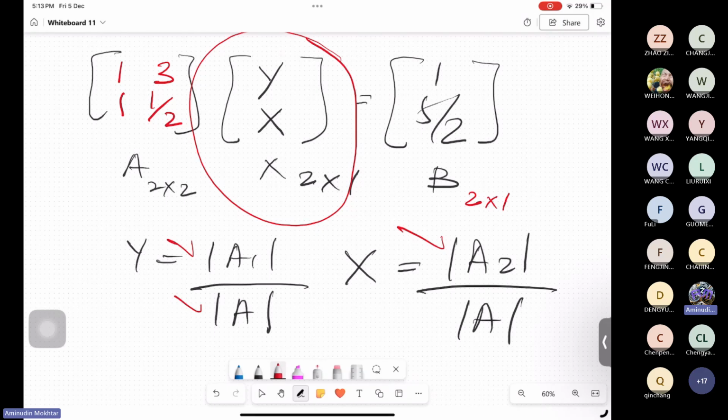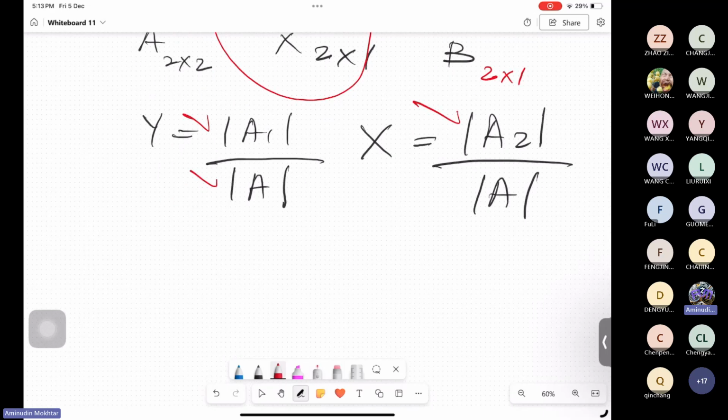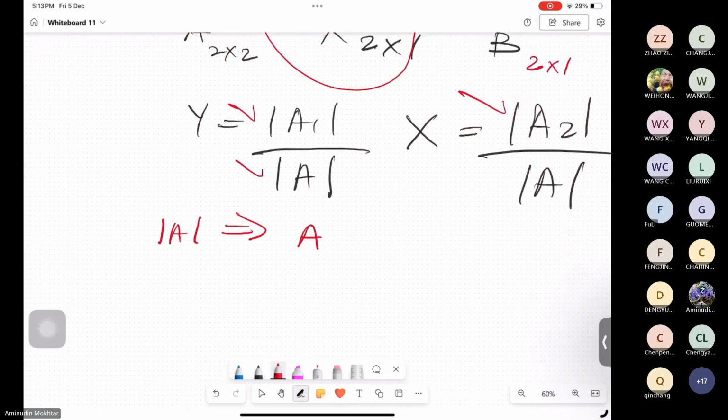Okay, now I will show you how to find these three determinants. Let's say the determinant of A. If you want to find the determinant of A, we need to know what A is first. What is the matrix of A?